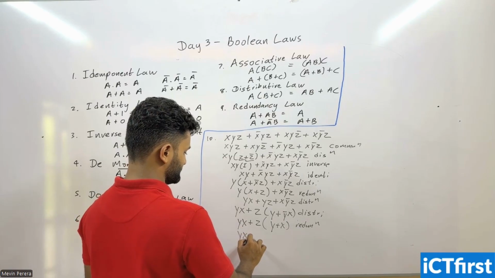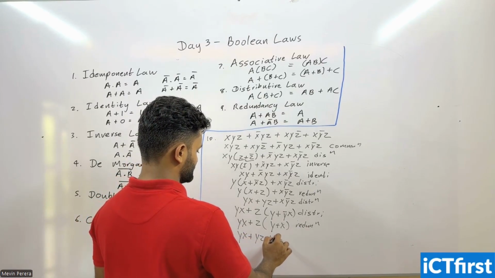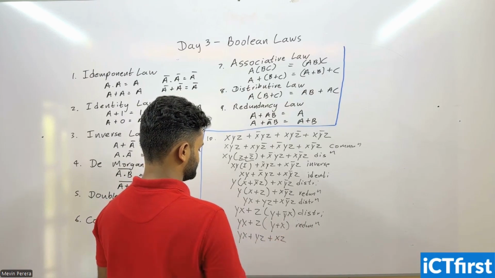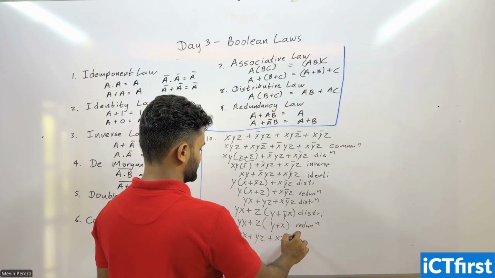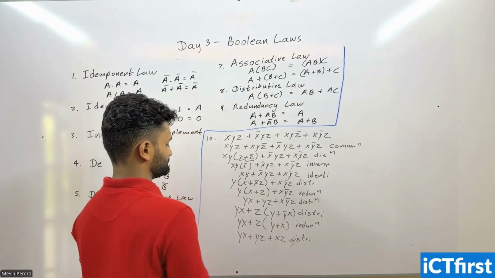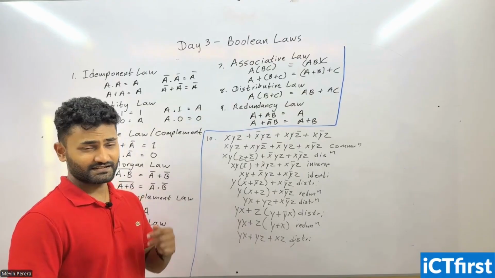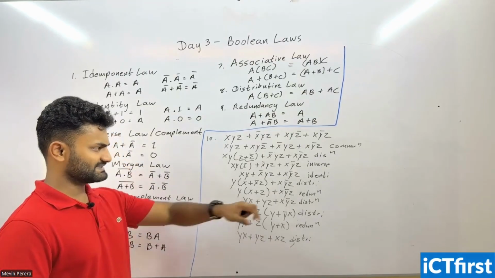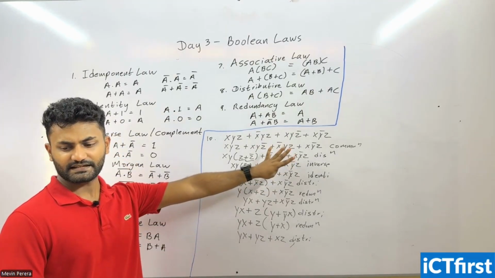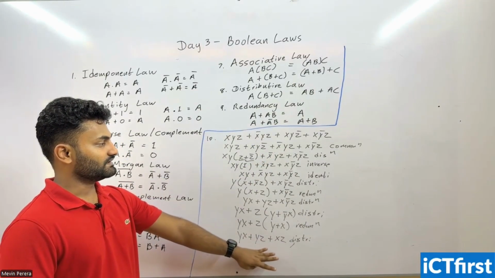And yx plus yz plus xz, right? So the final answer is this one. So it is kind of a lengthy one, but it's simple, right? It's not that lengthy as well, right? All right.